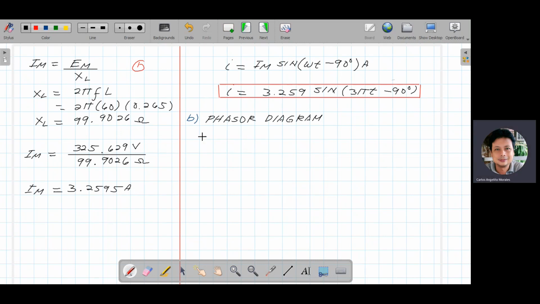So, let 3.5 unit is equal to 325.629 volts.